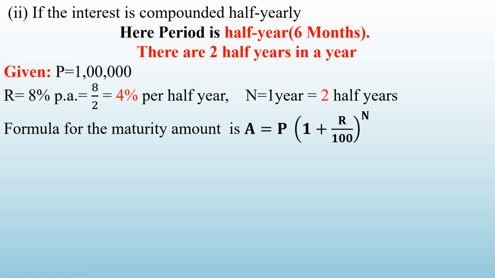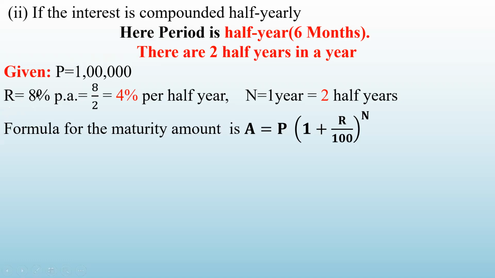N means number of time periods. Here you are again given the same problem. The principal amount is 1 lakh, and R is given to you at 8% per annum. That means for the whole year, the interest rate is 8. But our period here is half year. So in a year, there are 2 periods of half year.